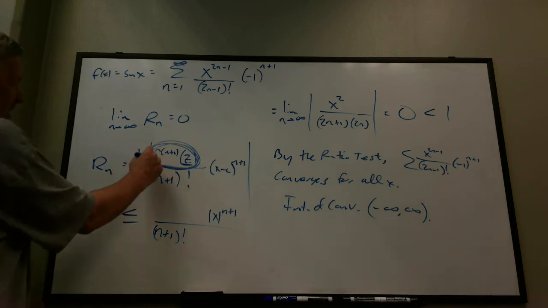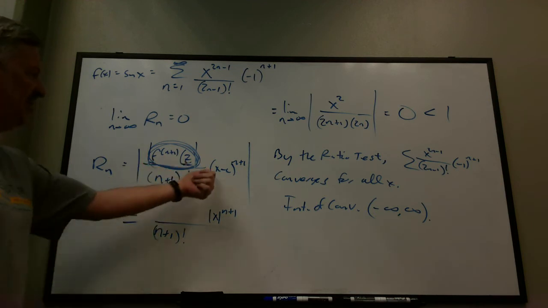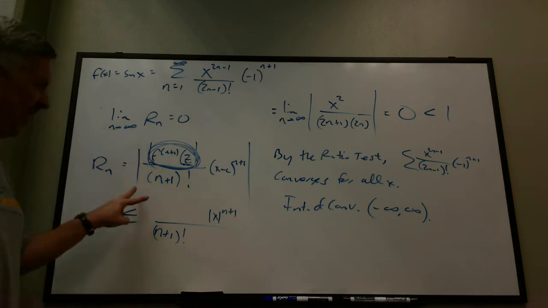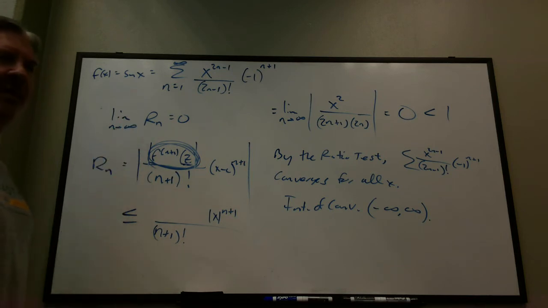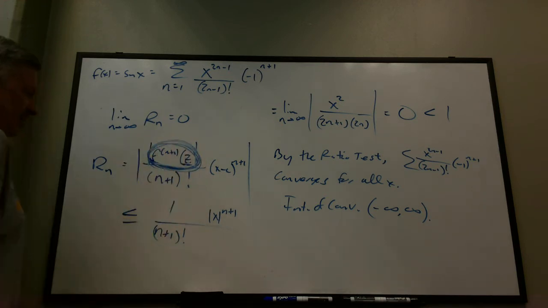What's the biggest the absolute value of that is ever going to be for any number z, not just z between 0 and x? If you take sine of anything, or cosine of anything, or negative sine or negative cosine of anything, the absolute value, the biggest that's ever going to be is 1. So I can replace this term; the biggest this could be is 1.